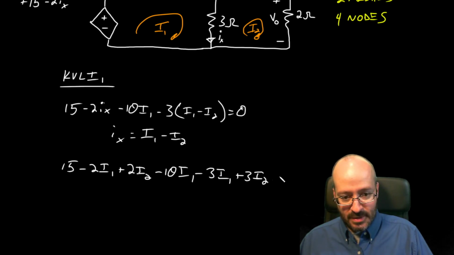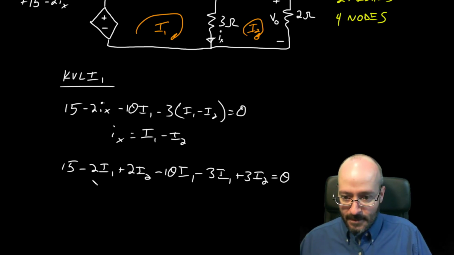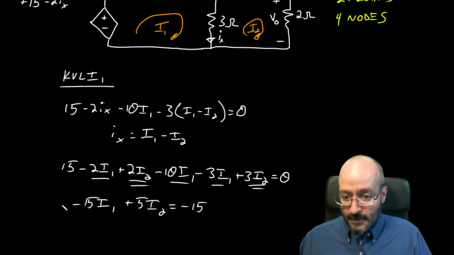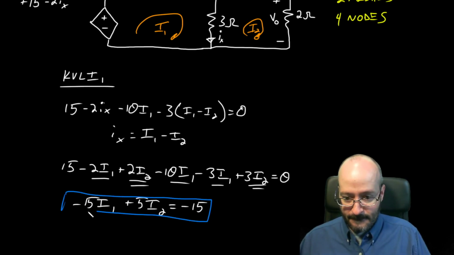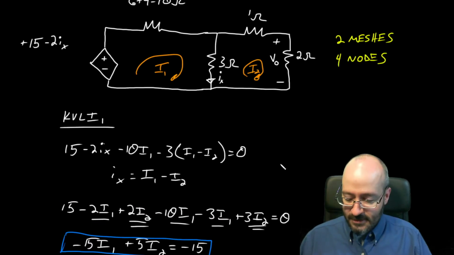That was just distributing all of my coefficients. Okay. Grouping like terms, there's all my I1s. So I get negative 15 I1. There's my I2s, plus 5 I2 equals negative 15. Okay. KVL for I2.